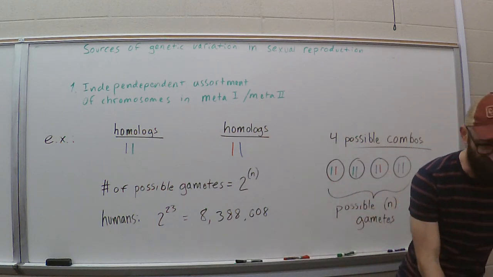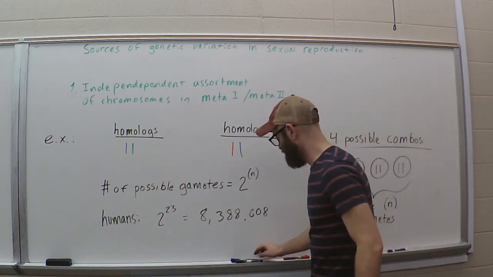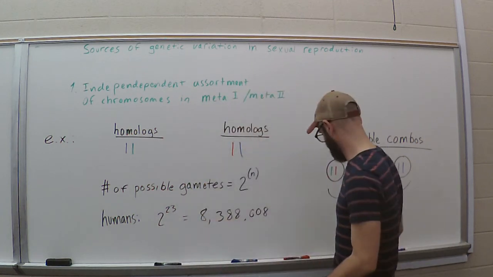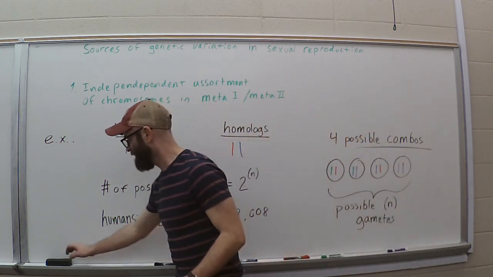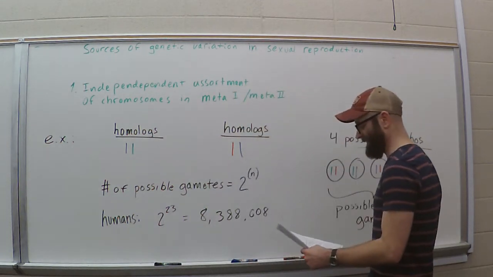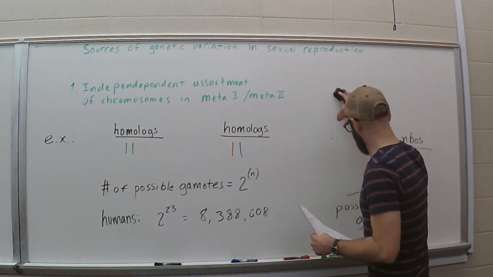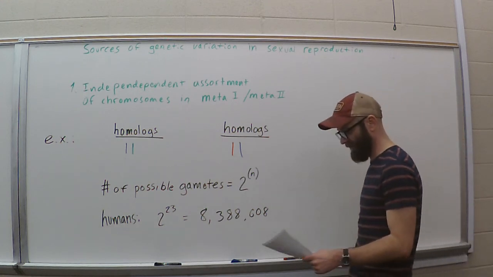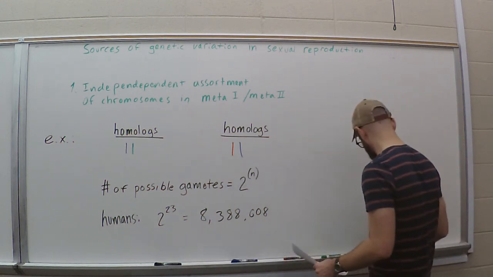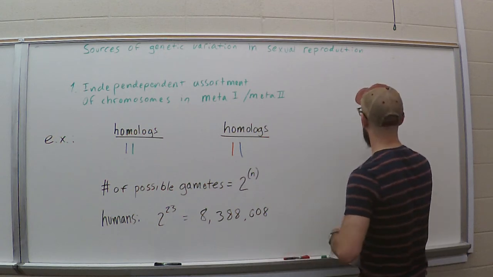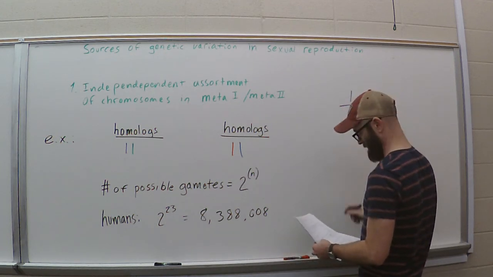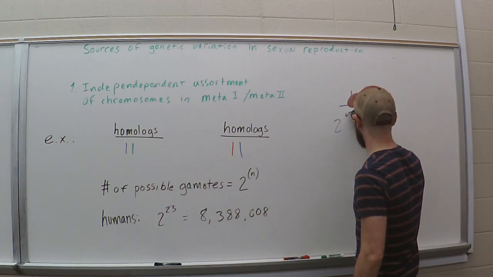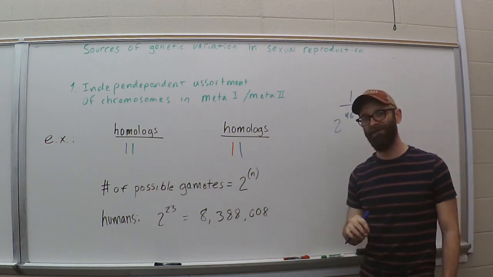So the chances of getting the same combination twice, if 2 individuals mate twice, getting the same combinations in each of those siblings is actually 1 over 2 to the power of 46, right?